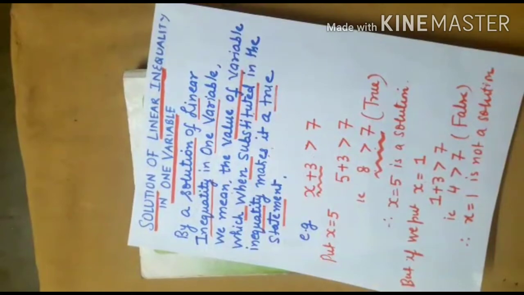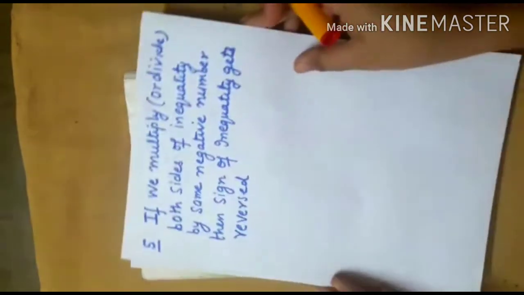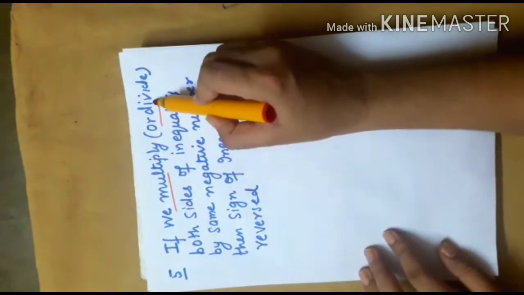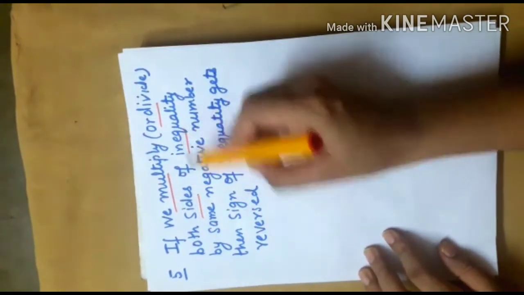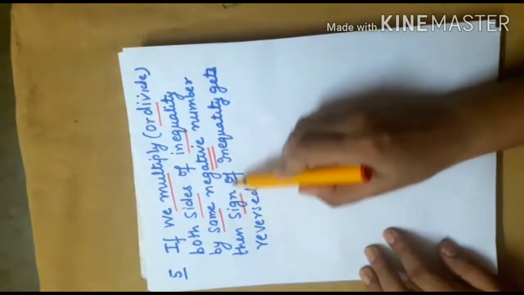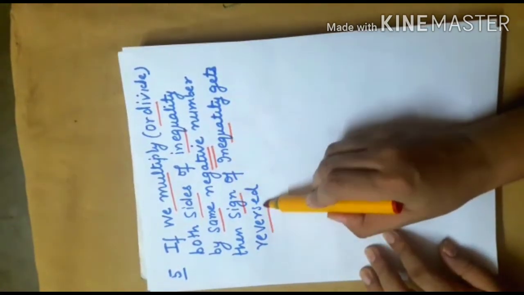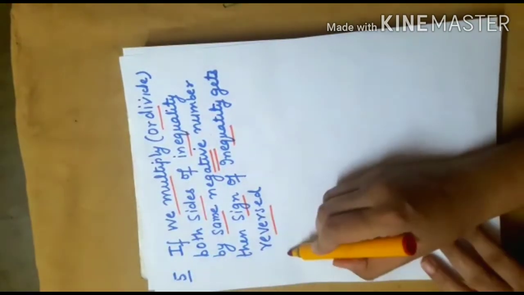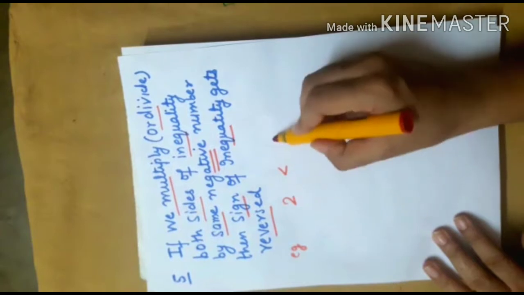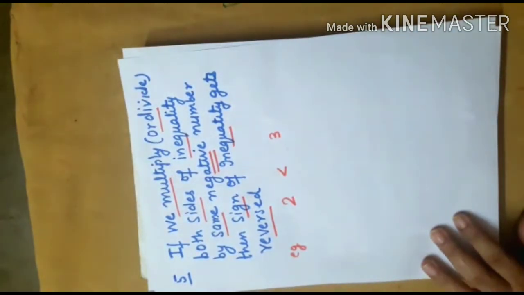But if we multiply or divide both sides of an inequality by the same negative number, then the sign of inequality gets reversed. For example, 2 is less than 3.